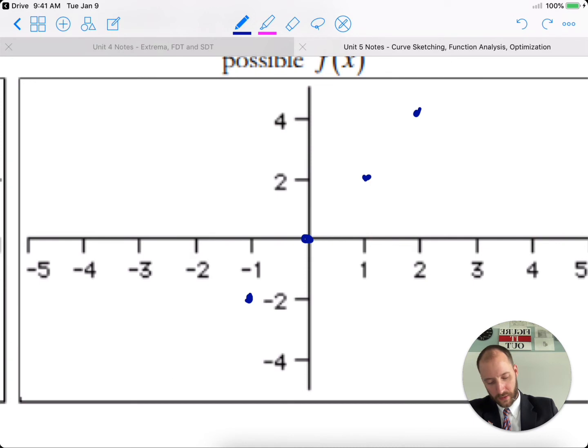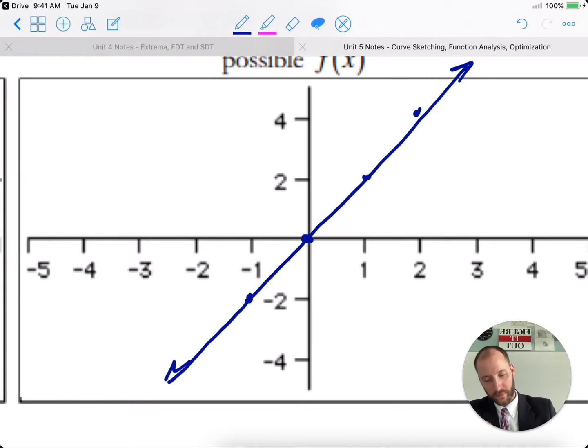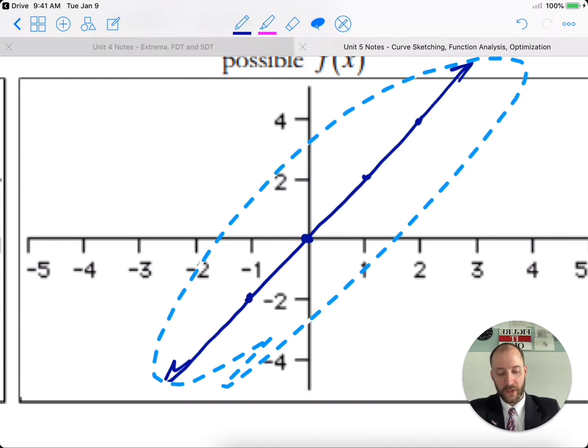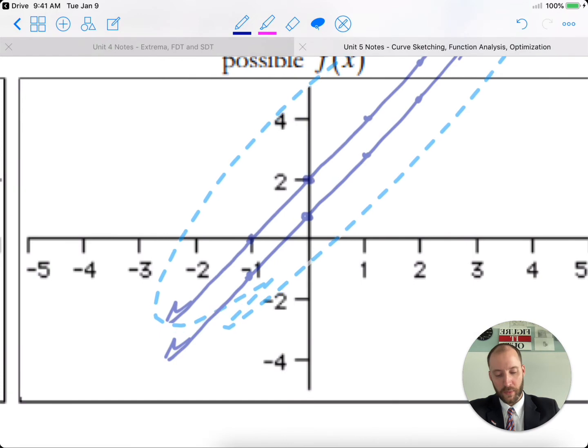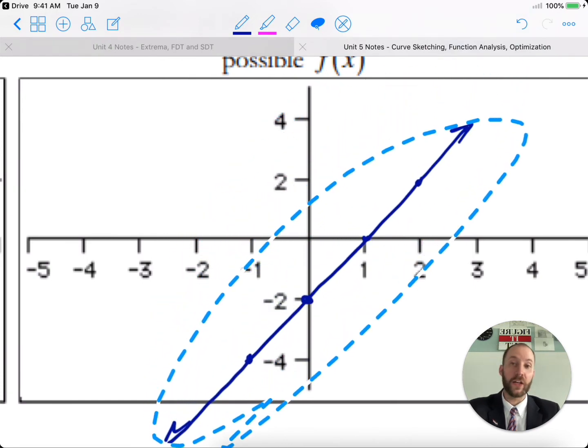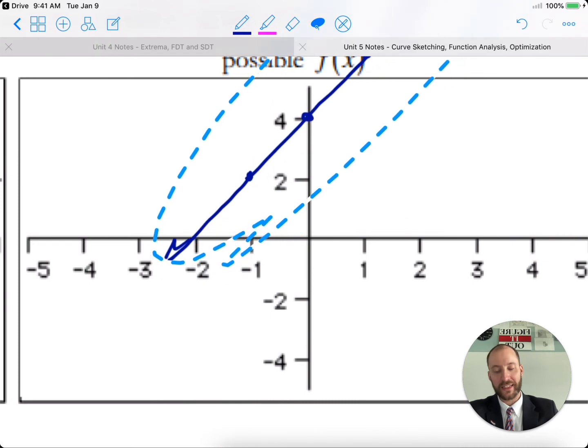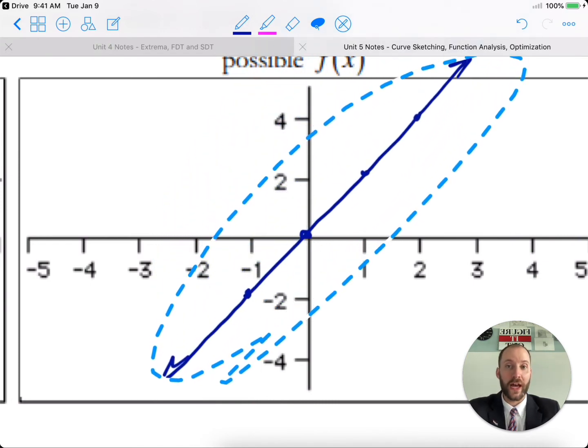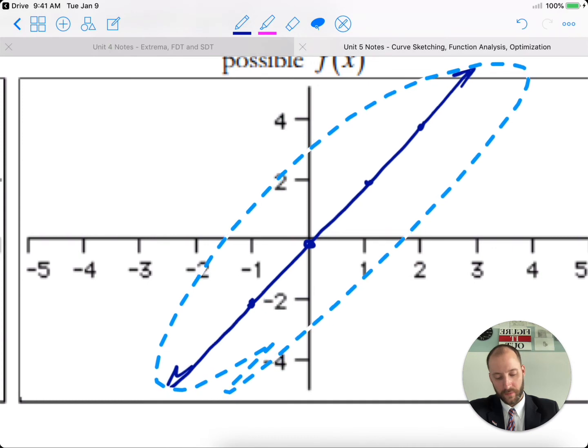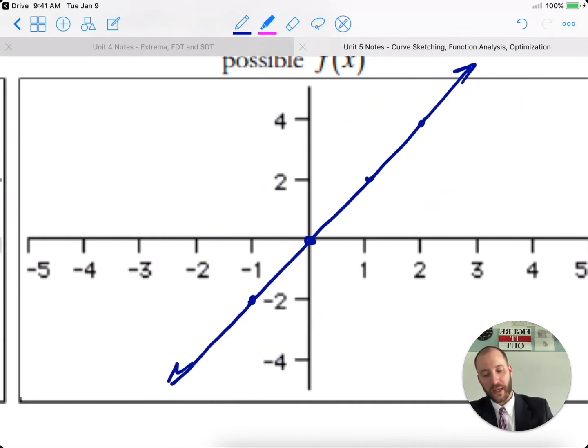I missed just about all the points. That's better. I'll kind of cheat, move that point down. Okay, now again, we only know the slope, we don't know its placement on the graph. So this whole line could be up here, could be down here, could be anywhere on this y-axis, but we don't know. We don't have an initial condition. So again, it's only a possible graph of f(x).